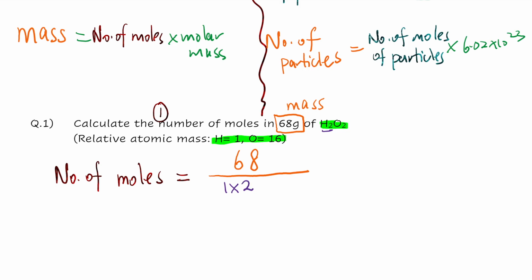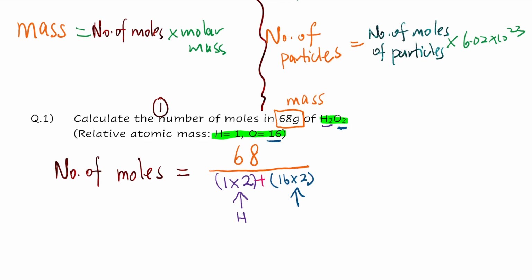And remember, I said you're adding up the relative atomic mass, so you need to use a plus sign. I'll put a bracket here. This was the relative atomic mass of hydrogen. And I'm adding up with oxygen here. Again, how many oxygen atoms do I have? 2. The relative atomic mass is 16, so 16 times 2. This is for oxygen.